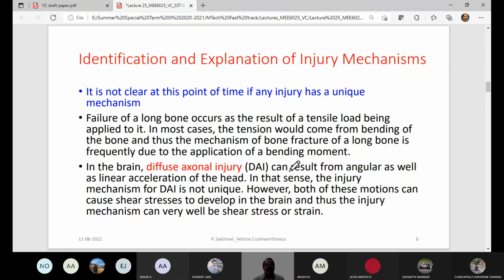If you look at another, very sensitive injury called diffuse axonal injury, DAI, it occurs as a result of angular as well as linear acceleration of the head.